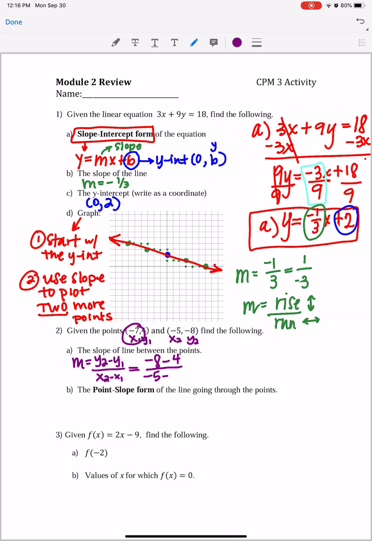Be careful here, your x1 is negative 7. So you've got this minus, and then negative 7, that double negative changes this to a plus 7. Okay, so be careful with those double negatives.